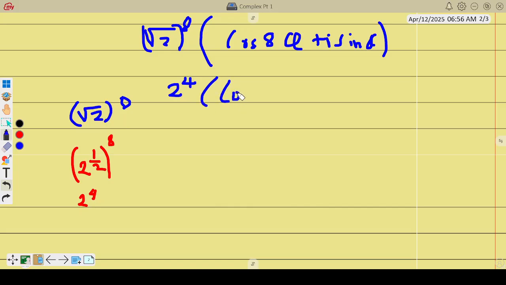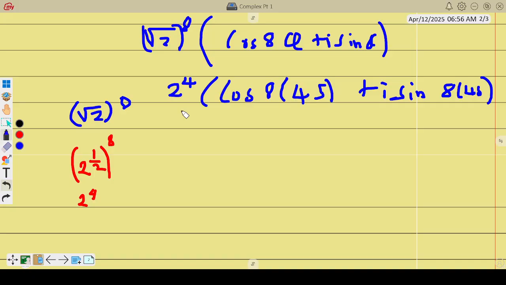And then cos 8, and then our angle was 45. So this 45, at least we should simplify it. If you want, we can multiply by 8, but if you think about it, we're going to get just 360. So I sine 45 becomes 8 times 45 is 360.